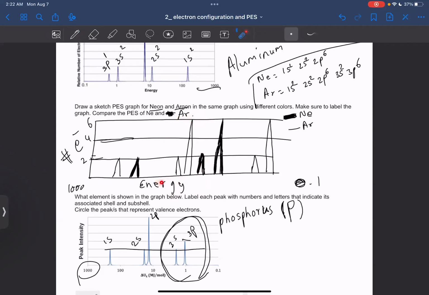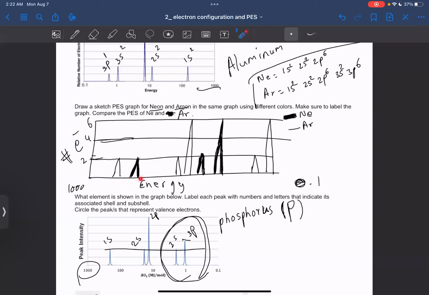slightly toward the left, toward the bigger binding energy, than the 2s and 2p of the neon. Same thing with the 1s, right? The argon 1s is held slightly tighter than the 1s of the neon. The reason is because argon's nucleus has more protons.